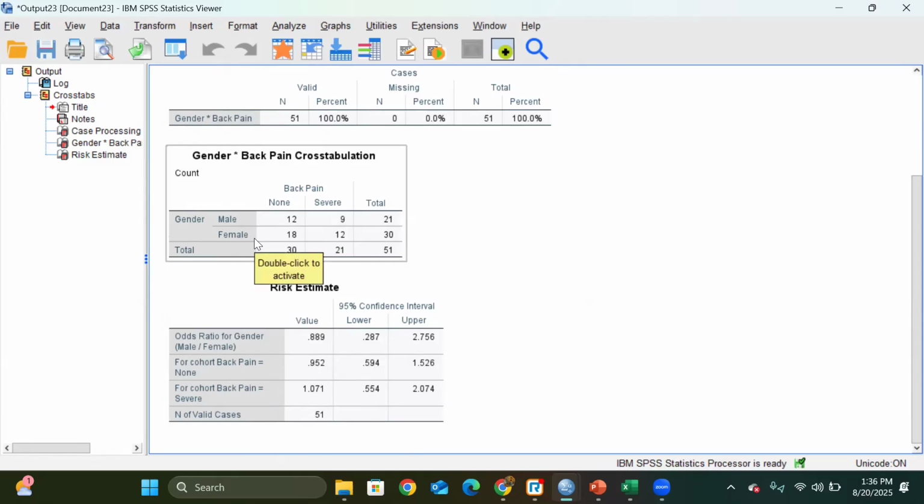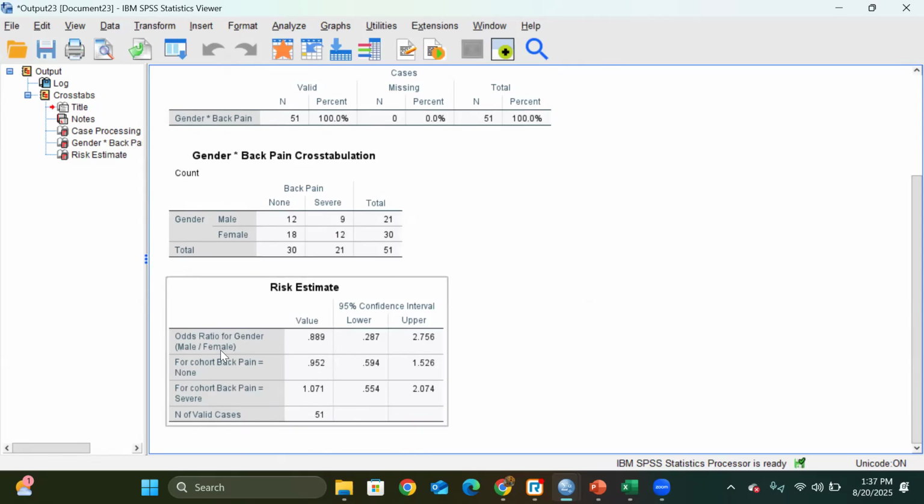You can also write it in reverse, 1 divided by 0.9. Males have less chance. Males are in a way protective, having less chance of developing back pain as compared to the females. And you can reverse this.